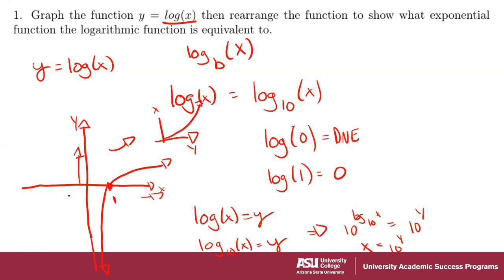And as the y decreases, the x gets closer to 0, which is just like the exponential function. So that's just one thing to keep in mind in how logarithms can relate back to exponents and exponential functions.